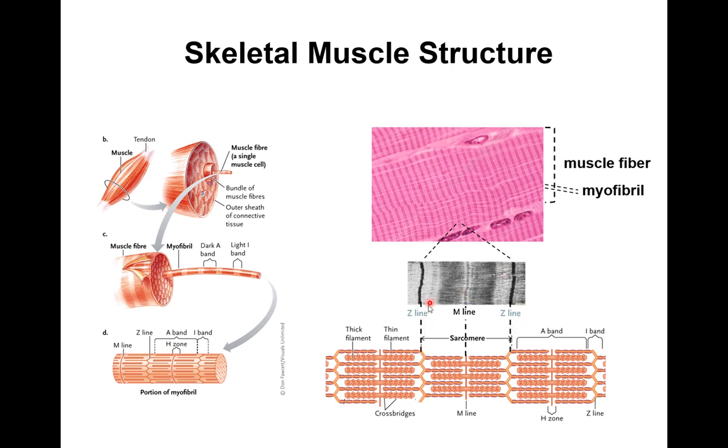Between two Z lines you have a sarcomere, and that's where you have the area of overlap between the thin filaments and the thick filaments, corresponding to the dark, denser area here, interrupted by the M line, this region here, which corresponds to the H zone. The M line is where opposite thick filaments are joined together.